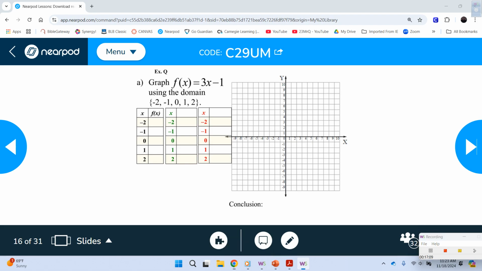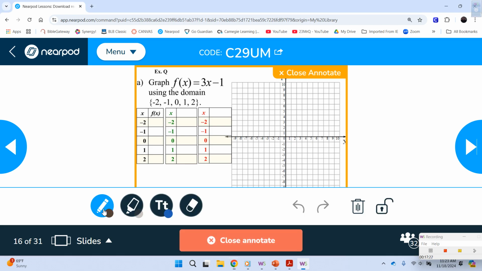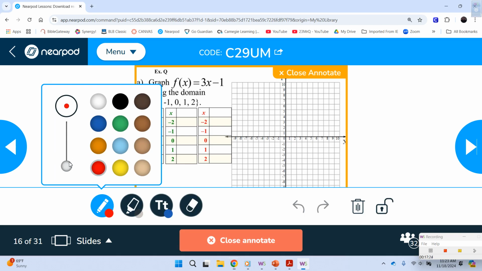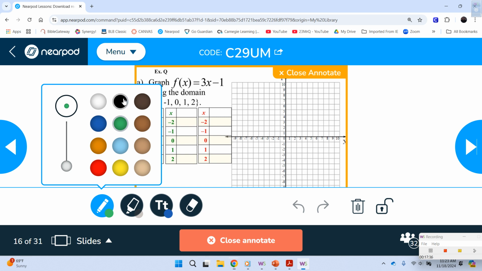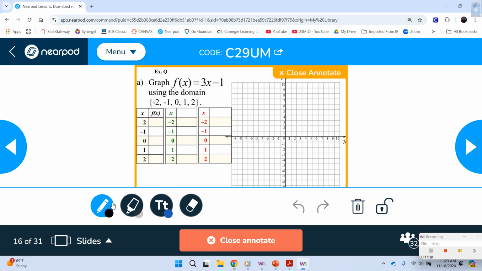Everybody there? Okay, turn to the side where it says example Q. Write your name, date, period on the top right corner, so like that you don't lose your stuff. And we're going to need two different colors. We're going to need green and red. So if you have them, get those ready, please. And of course, your pencil and the black one for the first one.